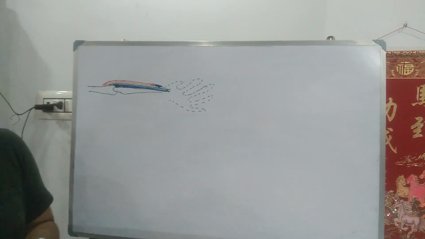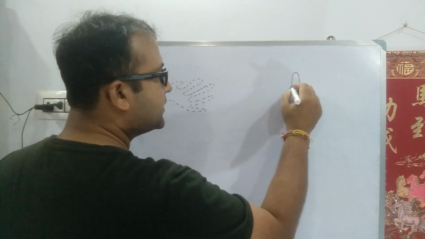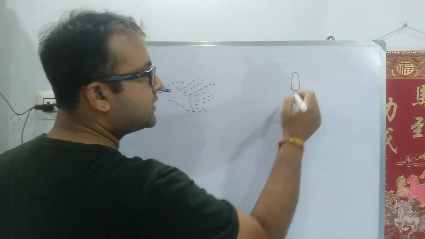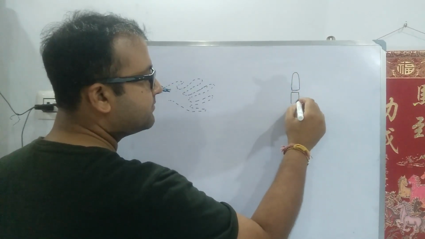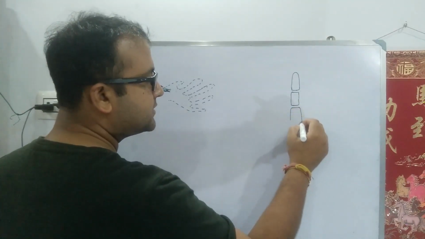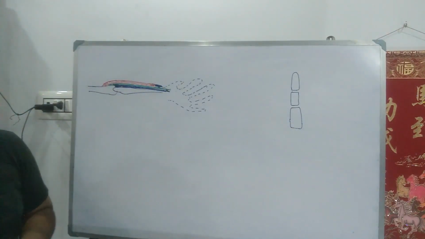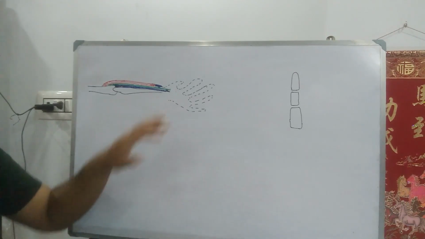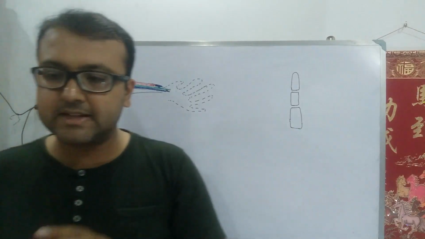So over here, if I draw this, suppose this is the distal phalanx, this is the middle phalanx, and this is the proximal phalanx. Now you will see that whenever we talk about the extensor digitorum tendons, there will be some extensor digitorum muscles.